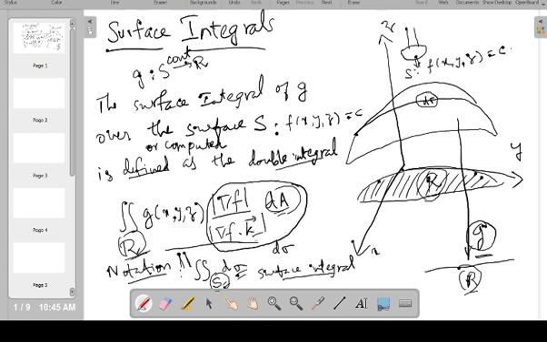Now what about the vector k? Vector k is a vector perpendicular to the shadow region. I should write vector p here. What is vector p? Vector p is a vector perpendicular to the shadow region.